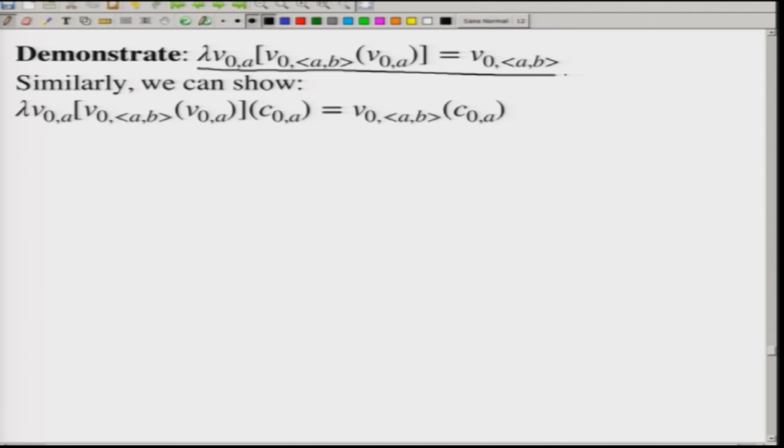So, let V 0 a be say x, and let v 0 a to b be, for example, m. So, if that is the case, we can rewrite this whole expression as lambda x, then m, or we have a variable here.